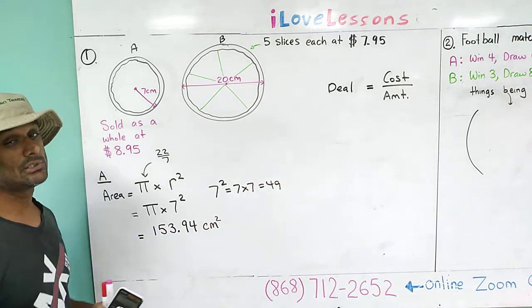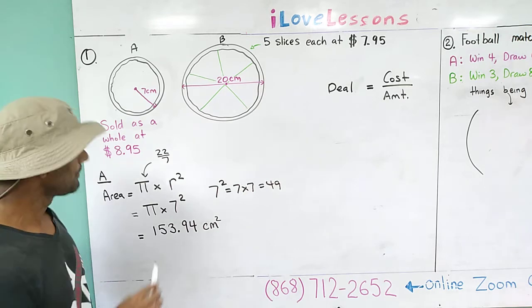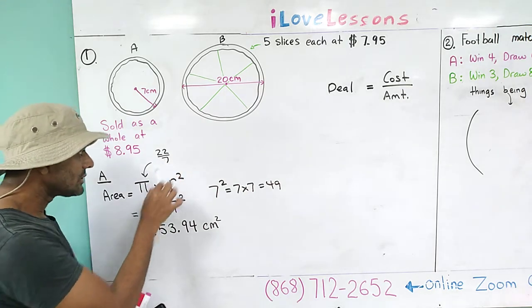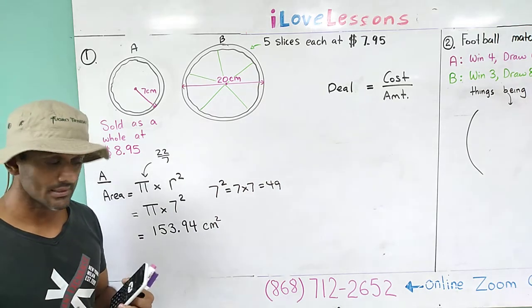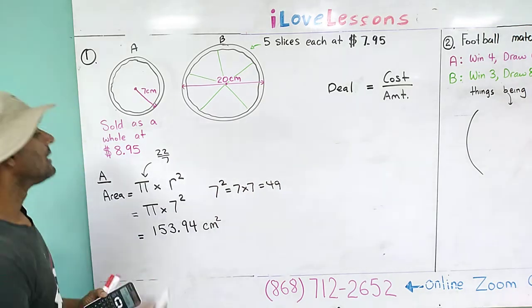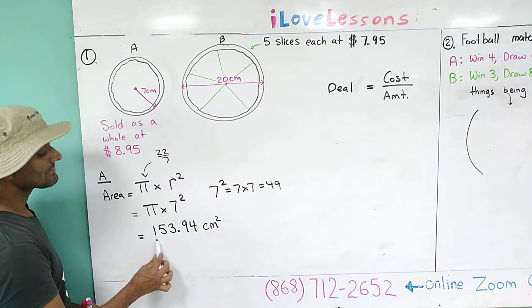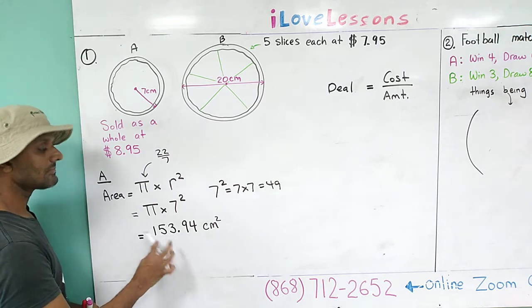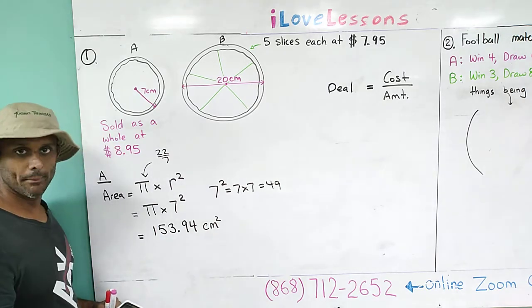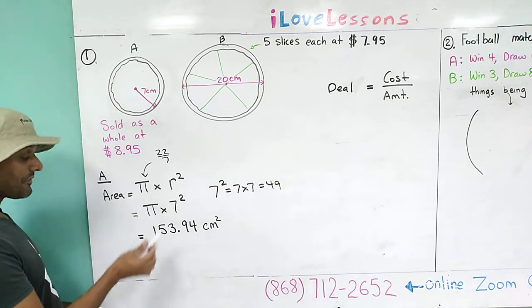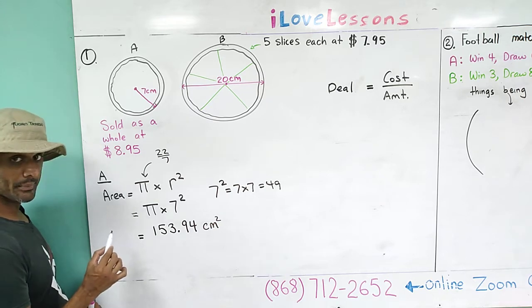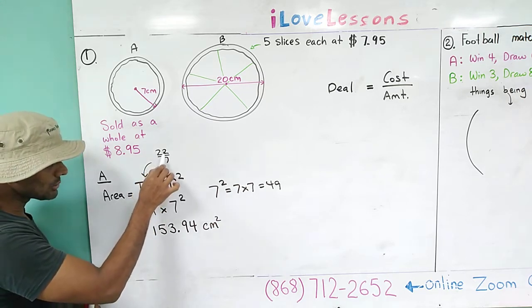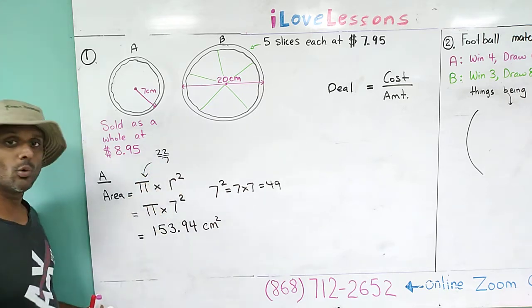Up to now, I'm not too sure why pi and 22 over 7 give you slightly different numbers. I really don't know. So I'm just letting you know that if you get 154, don't make it a big issue. If you plan to use pi, like press the pi button, you have to write that on the paper. If you plan to use 22 over 7, you have to write 22 over 7.